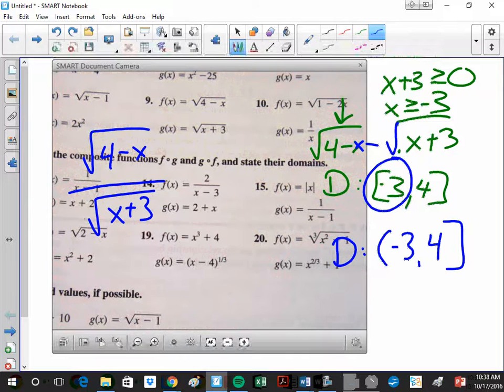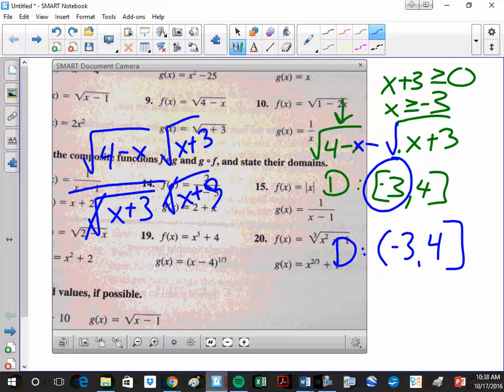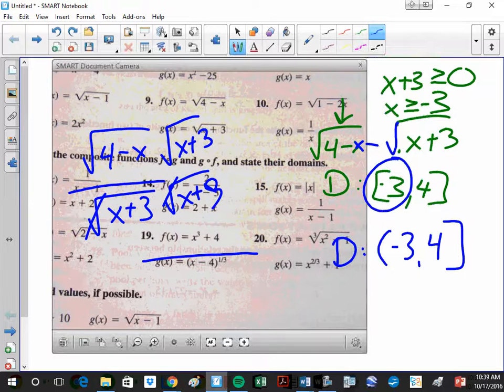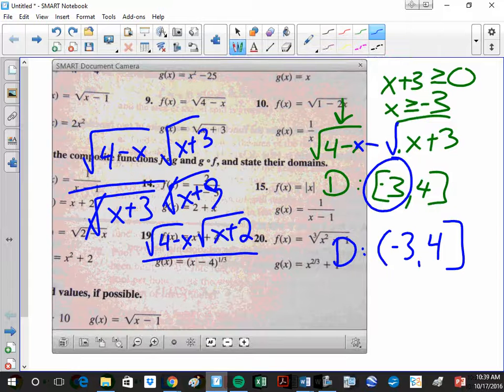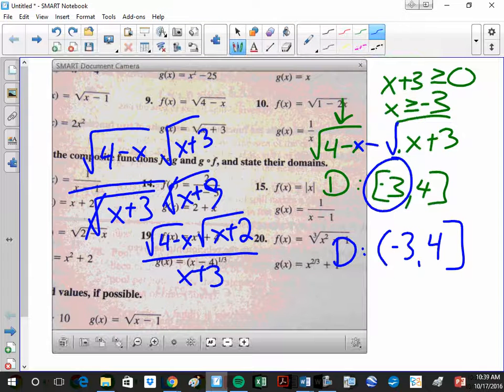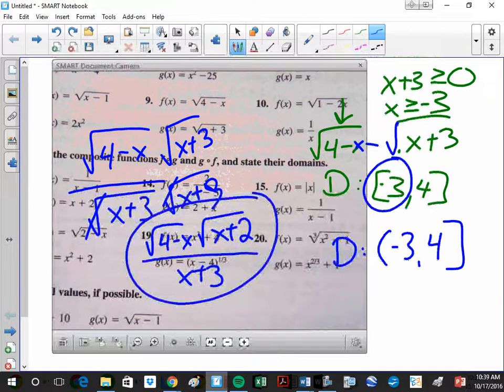So you multiply by the square root of x plus 3 over the square root of x plus 3, which on the bottom, the square root cancels. She doesn't usually do this, but she's nice. She just leaves it like this. Multiplying them together is not difficult because I already know what it is. It was the previous answer, but she left it like this. So we'll leave it like that. How nice of her.